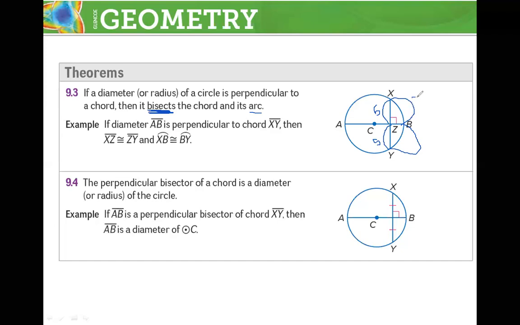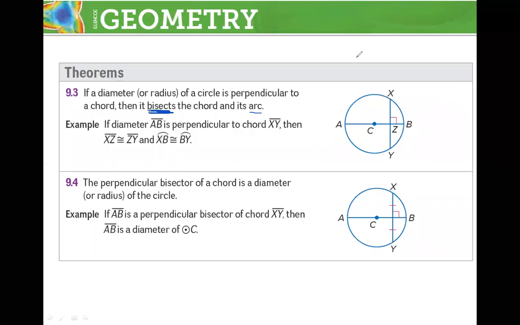It means if this arc is 75 degrees, this arc also will be 75 degrees. Or if he gave me the whole measure of the arc XY, for example 100, then the small arc here will be 50 degrees and the small arc here will be 50 degrees.